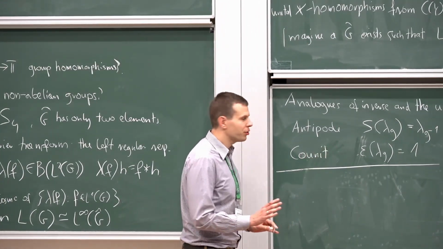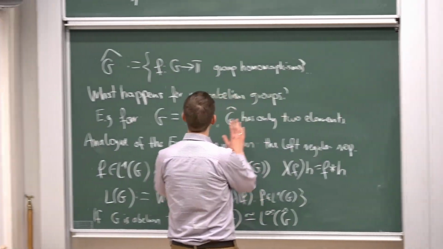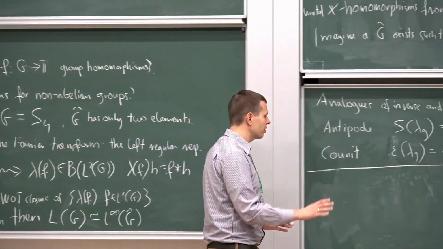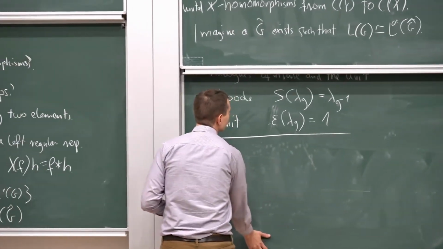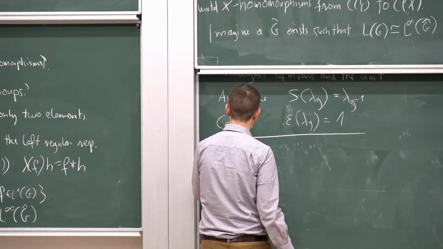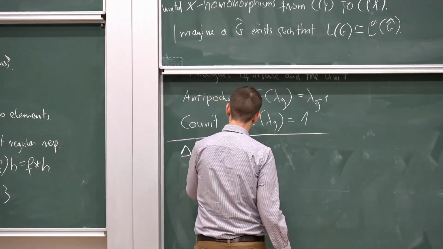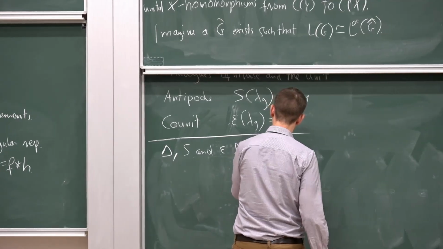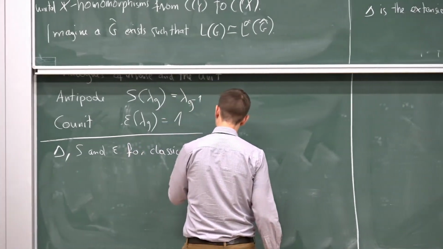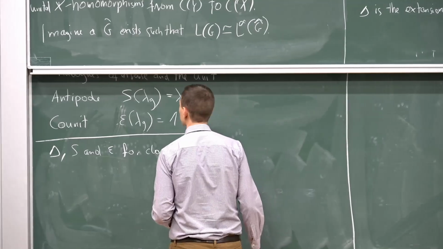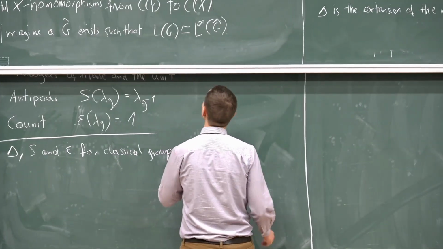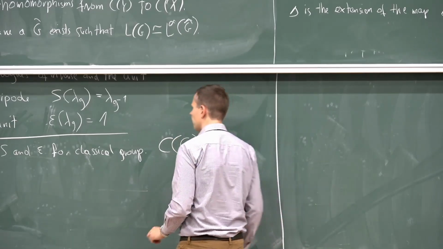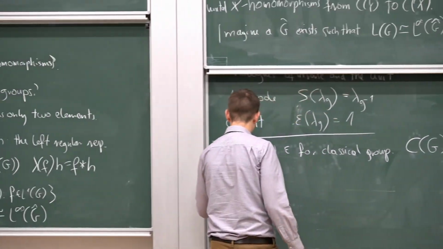for a classical group, right? So if you still have a group, not really like the dual of a group that doesn't exist, but an actual group, what are these maps? So delta, S, epsilon for classical groups. So what it means is that we work with the continuous functions on G. Then what is delta?